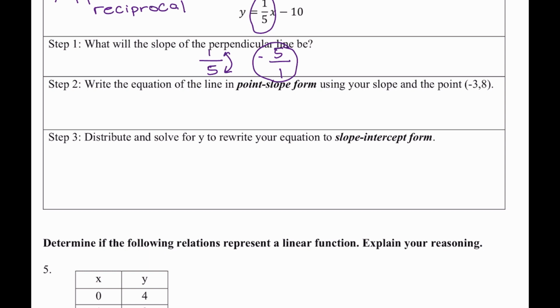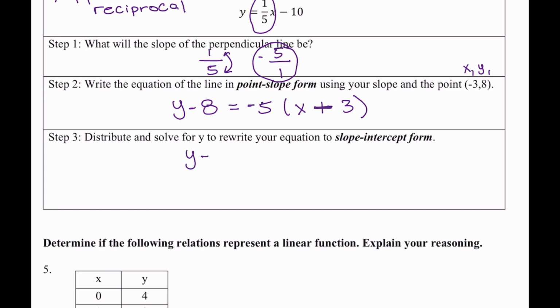So my point is -3, which is my x, 8, which is my y. So I'm going to write this as y minus 8 equals -5, which was my slope, times x minus -3. And two negatives will turn into a big plus.